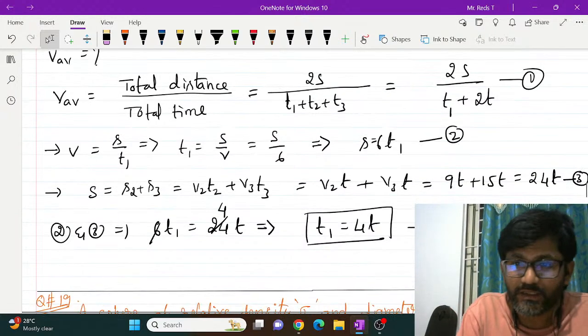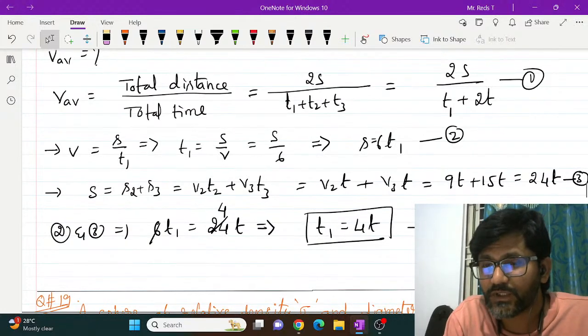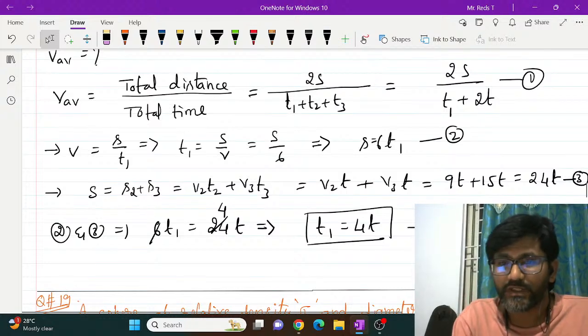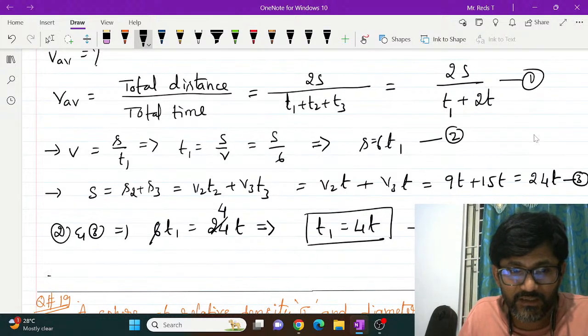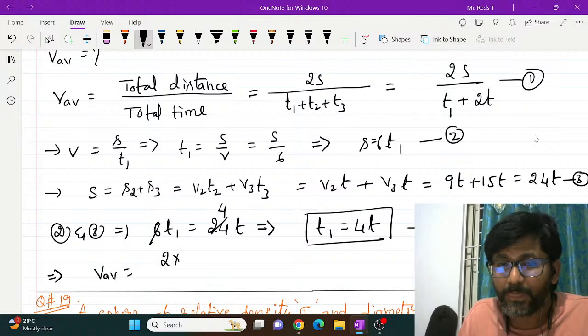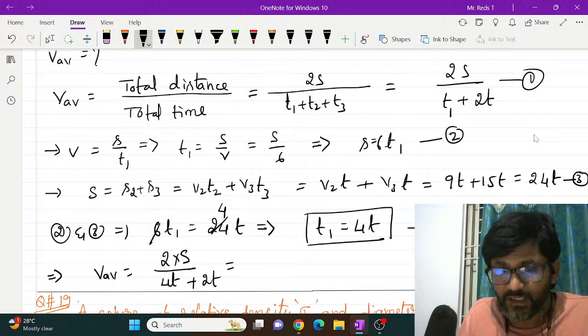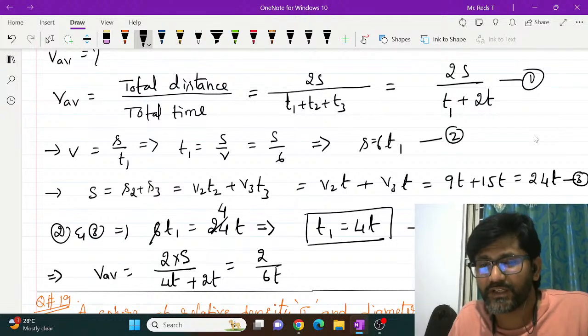What is that? V average is 2S by T1 plus T2. T1 is 4T, T2 is 2T. So from 1 and 4, V average is equal to 2S by 4T plus 2T, that is 6T. 2S by 6T, but the S value is not given, so we have to substitute S in terms of T only.